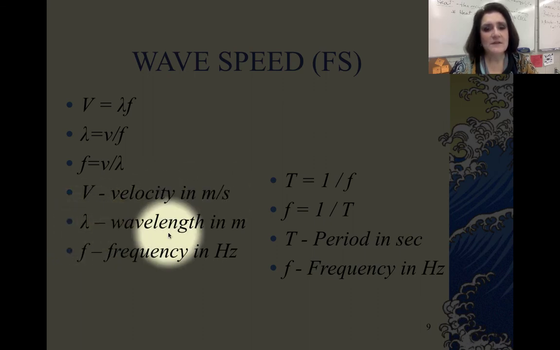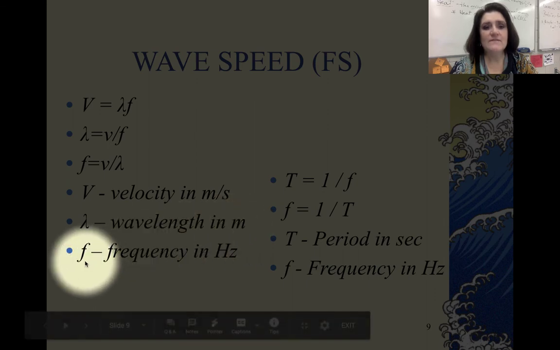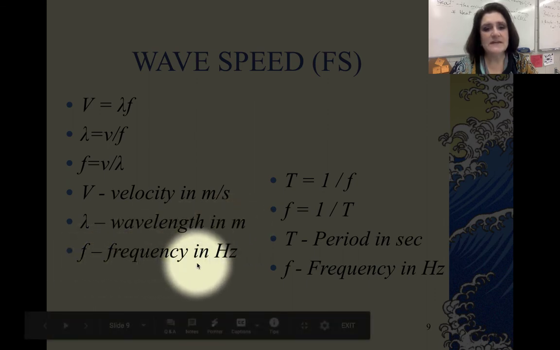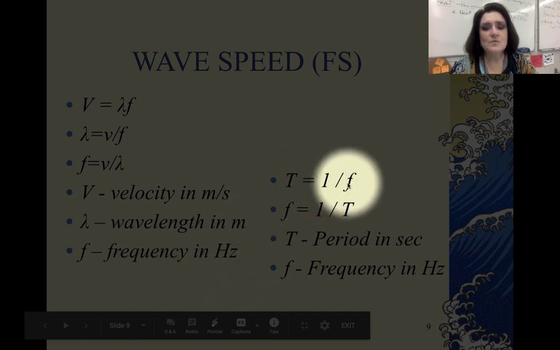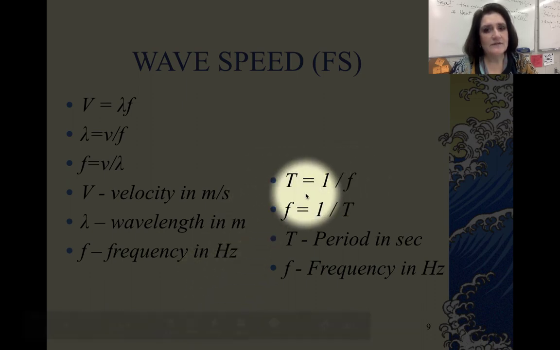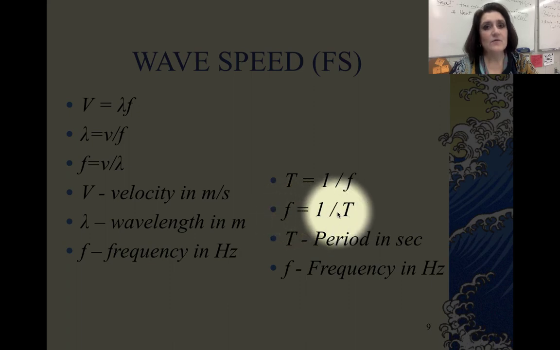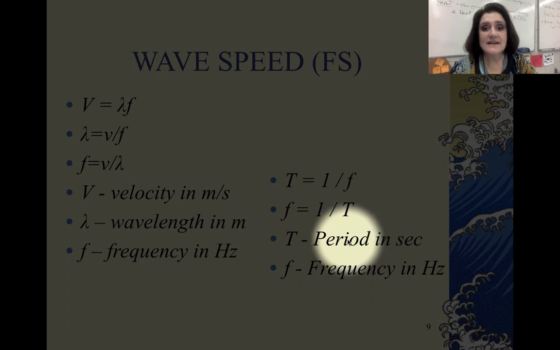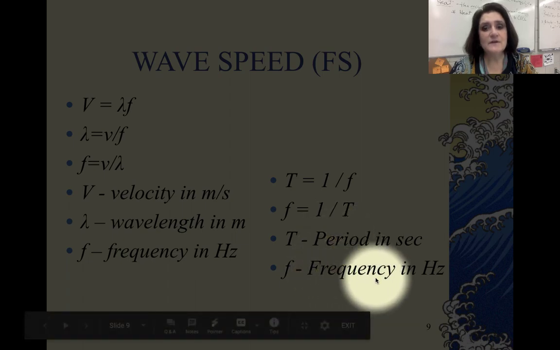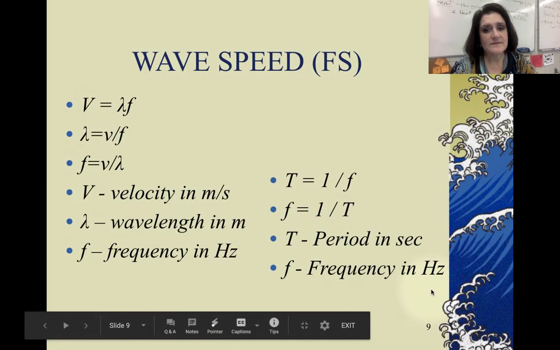Lambda is wavelength in meters, and F is frequency in hertz. T is 1 over F, and F is 1 over T, where T is the period in seconds, and F is frequency in hertz.